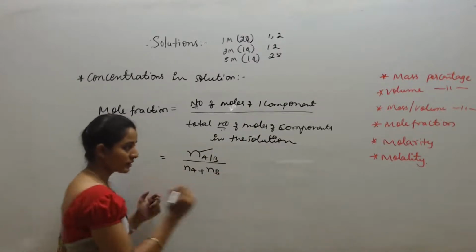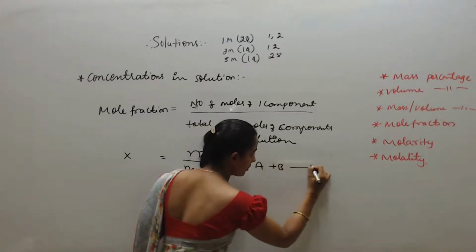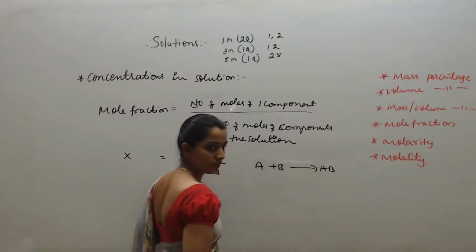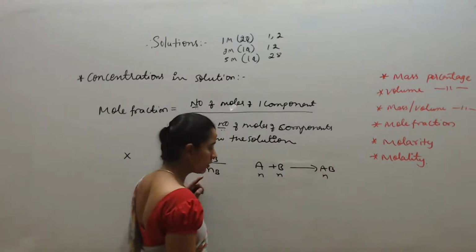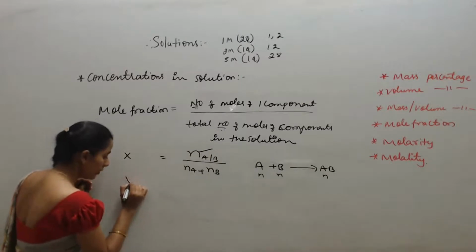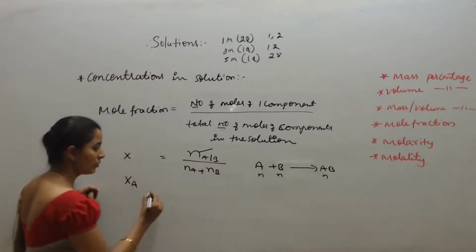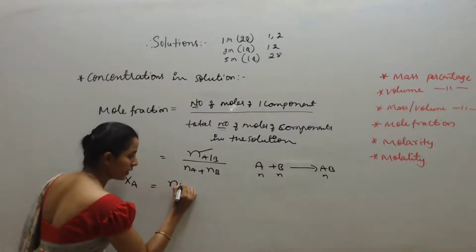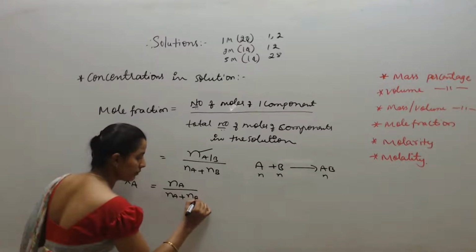Listen, if A is the solute and B is the solvent, they form an AB solution. If we want the mole fraction of the solute, then it is Na divided by Na plus Nb.